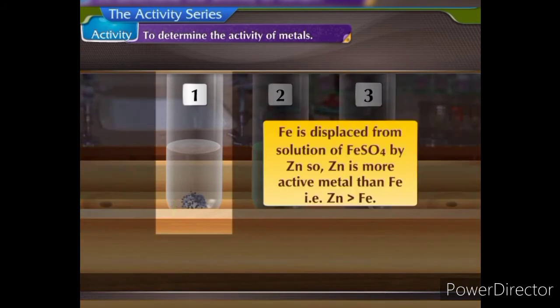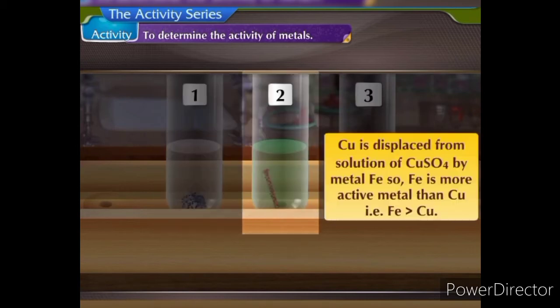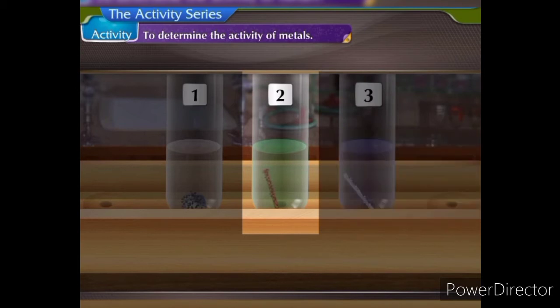We see that Fe is displaced from the solution of FeSO4 by Zn, so Zn is more active metal than Fe. Similarly, Cu is displaced from the solution of CuSO4 by metal Fe, so Fe is more active metal than Cu.